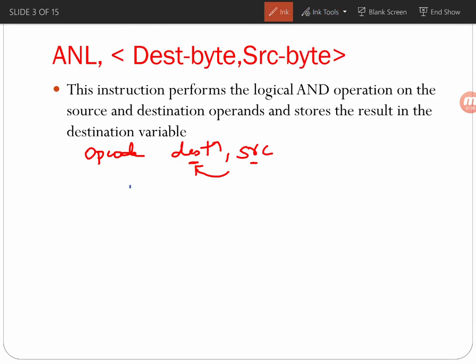Let's understand with an example. ANL A, R5. Before execution, assume that the accumulator has 22H and R5 has 32H.